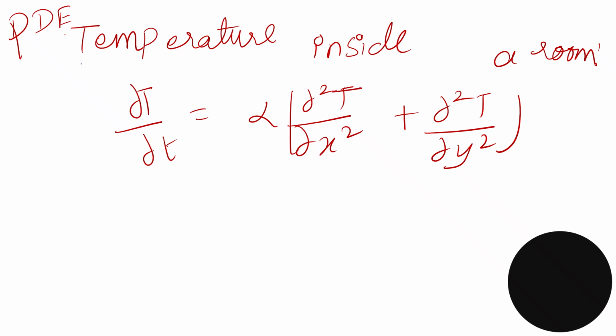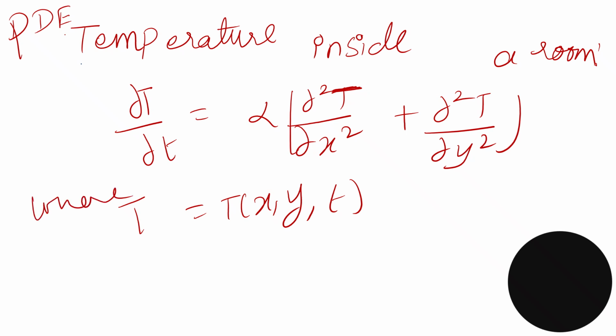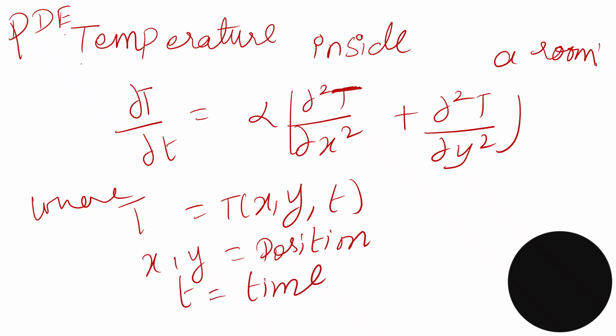So here temperature is the dependent variable, and x and y are independent. Here temperature depends on position and time, where temperature equals T of x, y, t, with x, y as your position, your sitting area, and small t as time. So here the temperature depends on position x, y and time t. So this is a partial differential equation because the denominator will vary.